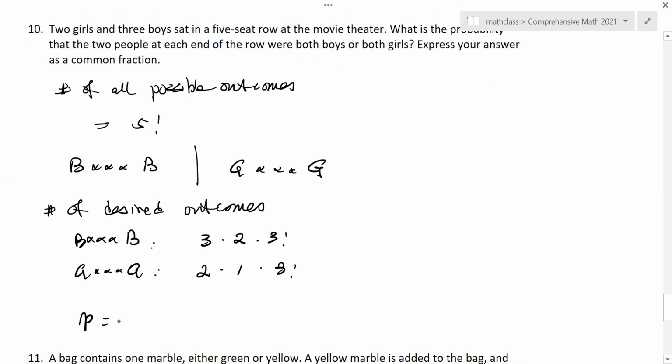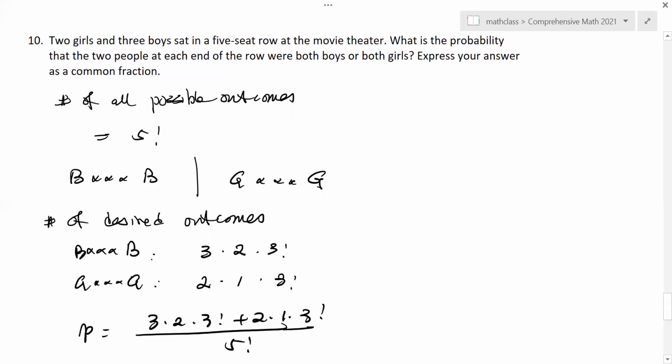So the probability will be 3 times 2 times 3 factorial, plus 2 times 1 times 3 factorial, divided by 5 factorial, which is going to be 2 over 5.